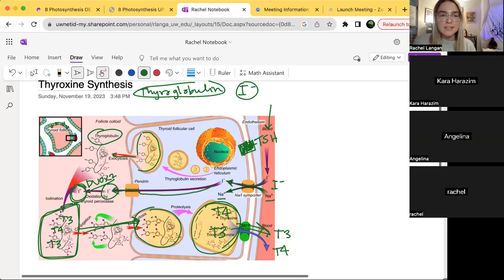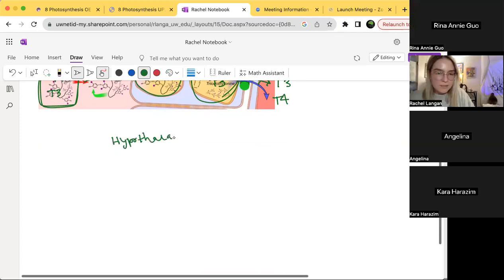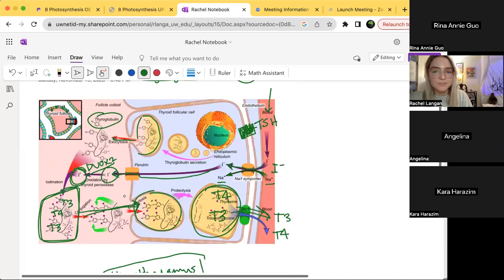Okay, so that's how we synthesize thyroxine and release it once the thyroid gets activated. Other things you need to know. How is this regulated? Sorry, I was just wondering, does TSH have a direct effect on the iodide that's coming in, or is TSH only causing the T3, T4 to leave the lumen and go out into the blood?